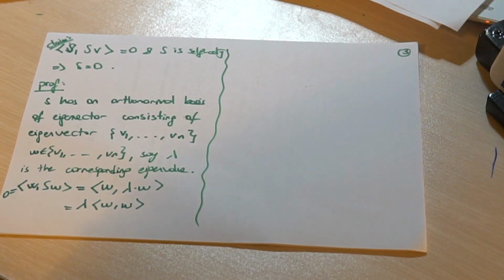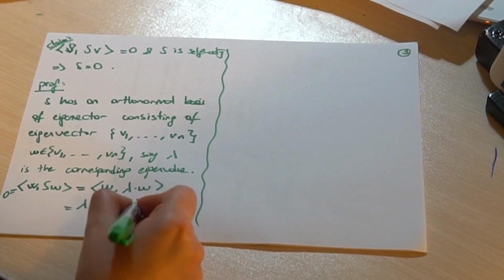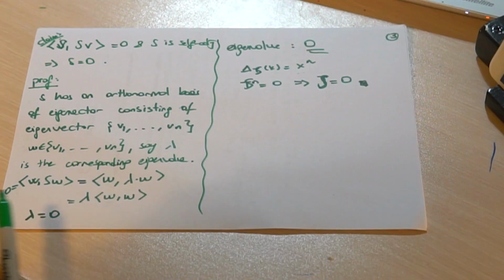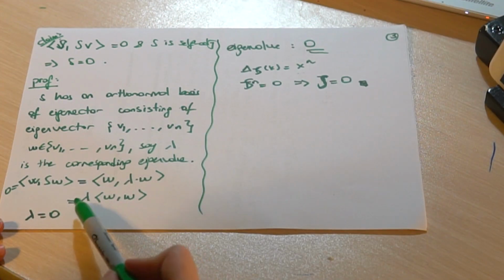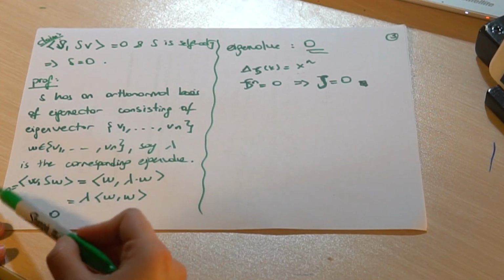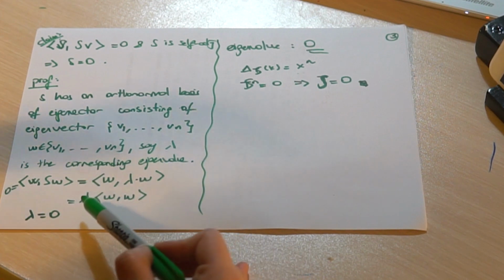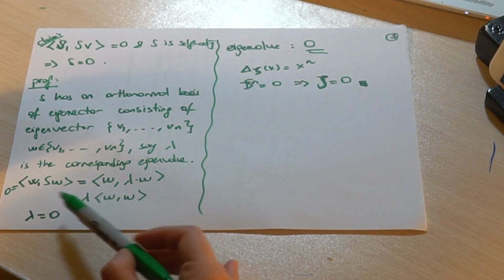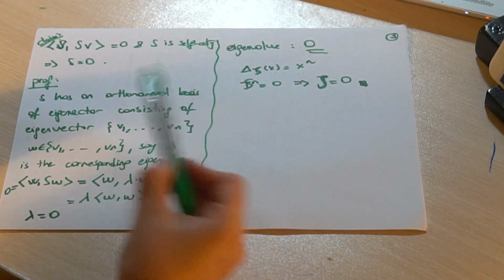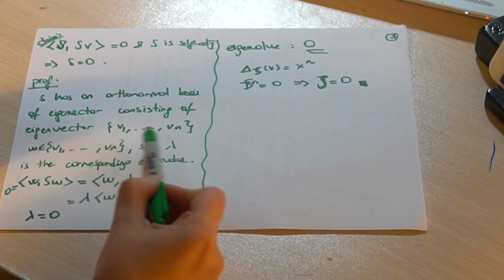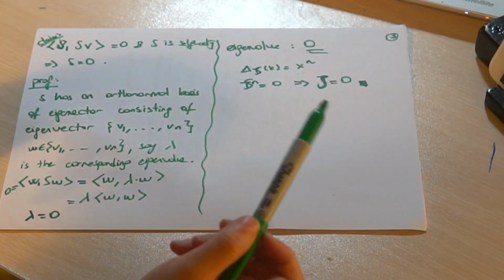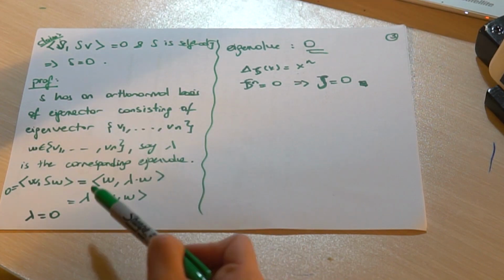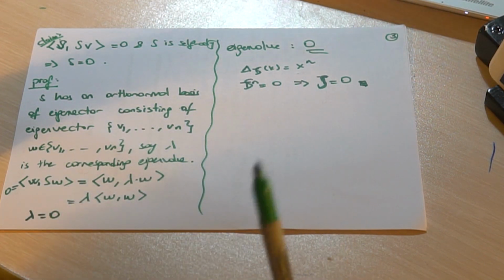So we will have lambda times <w, w> is equal to 0, right? So this implies that lambda must be equal to 0, since w is an element of the basis, so it cannot be equal to 0. So lambda is equal to 0.